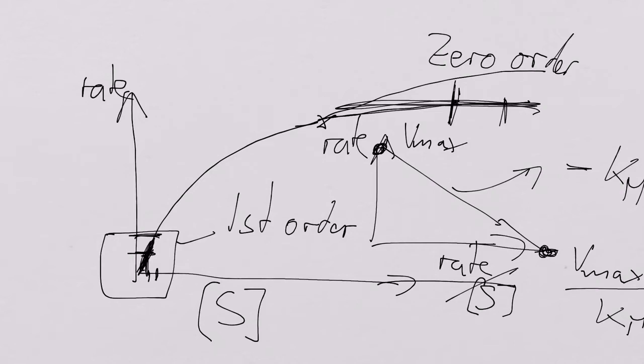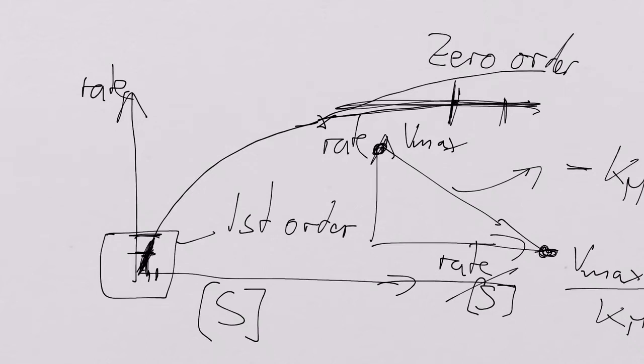This is the weird thing about an enzyme reaction, that it doesn't have a defined order. The order of an enzyme reaction actually depends on the substrate concentration. Usually you find reactions that are either first order or second order or 1.5 order or 0.3 order or something like that.